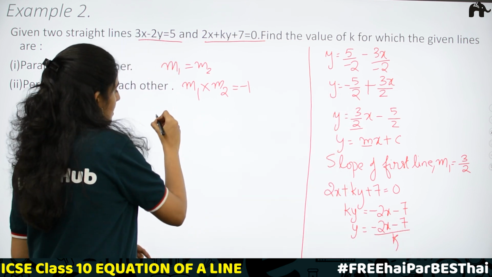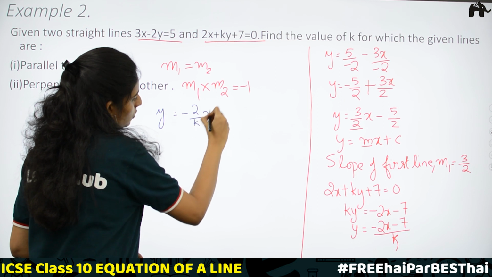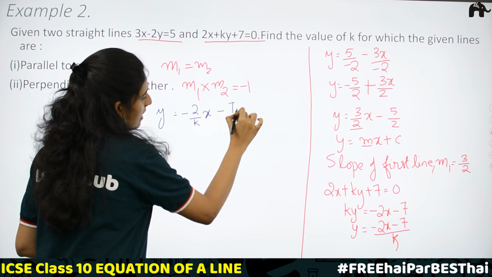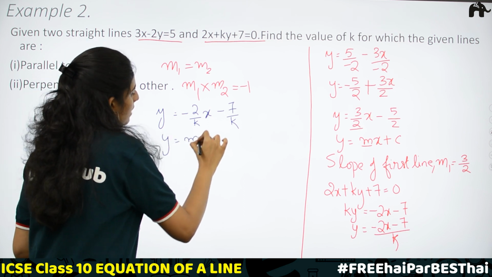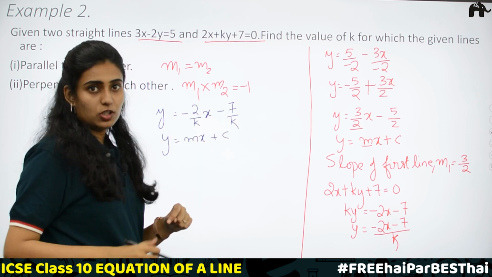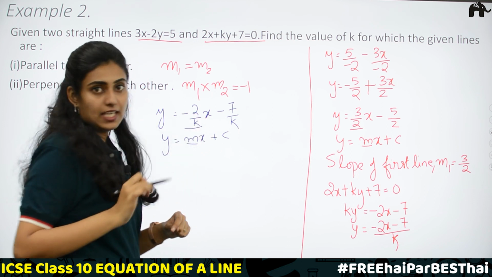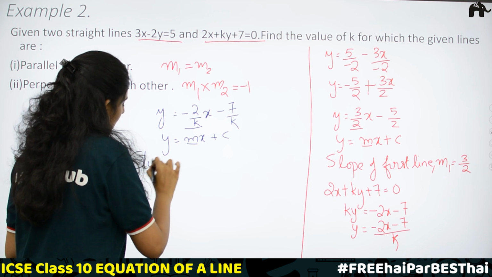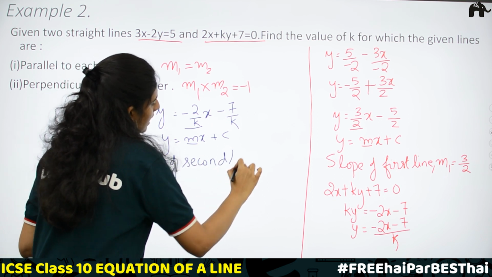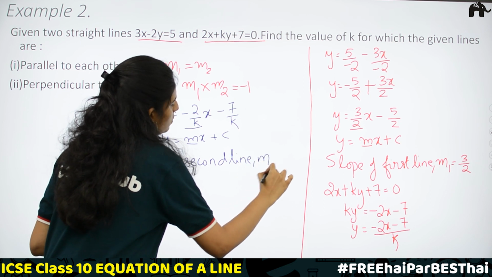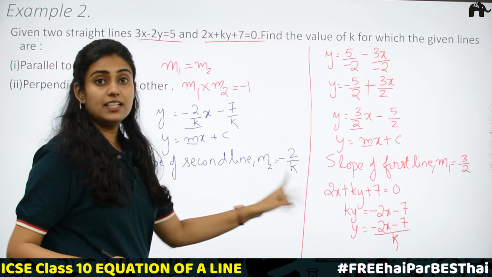That is y is equal to minus 2 by k into x minus 7 by k. Comparing with y is equal to mx plus c, in place of m, we have minus 2 by k, which means the slope of the second line m2 is equal to minus 2 by k. This is in terms of k.